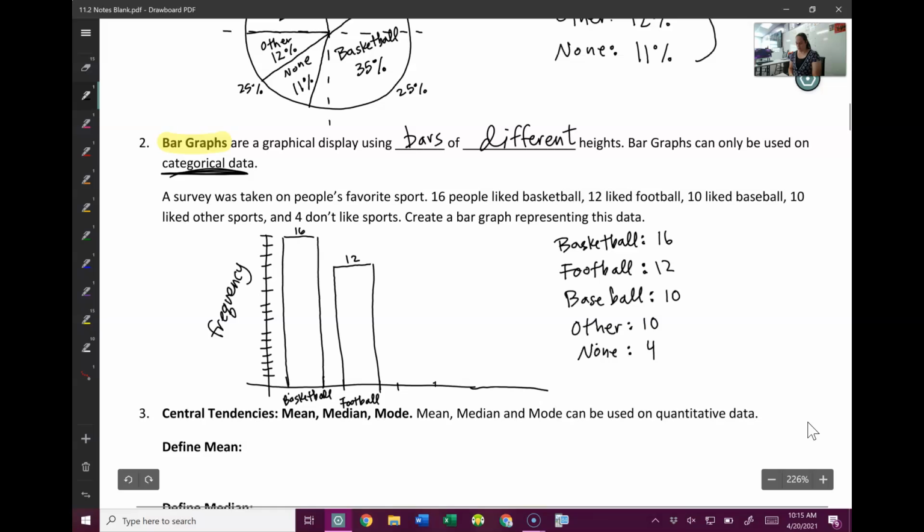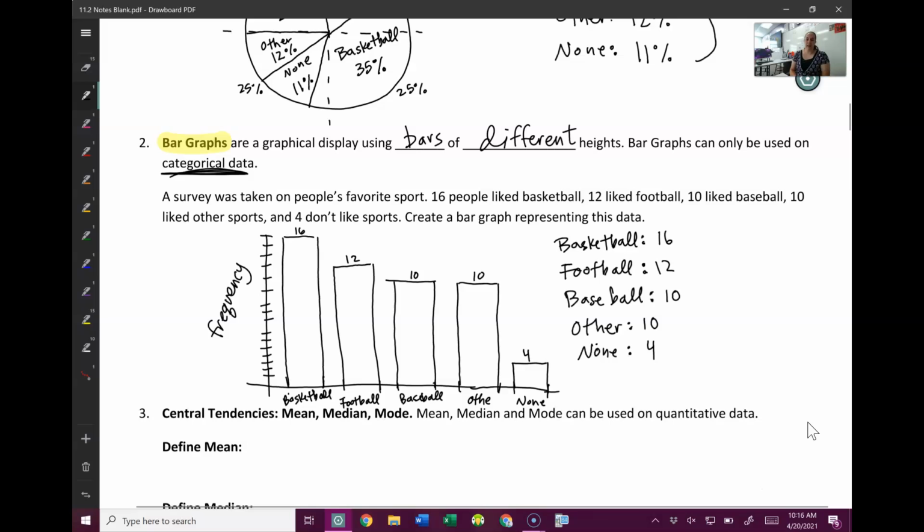Next, I can do my baseball, which is going to be 10. About there. And then I have my other category, which is also 10. And then finally, I have my none category, which is only 4.